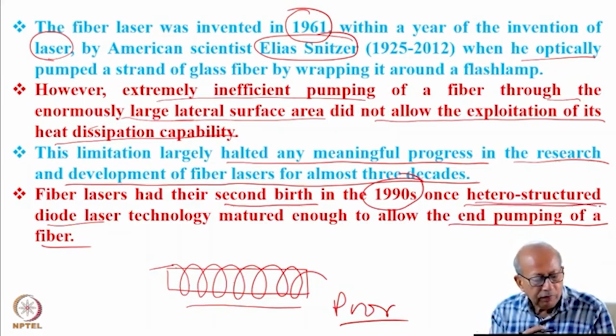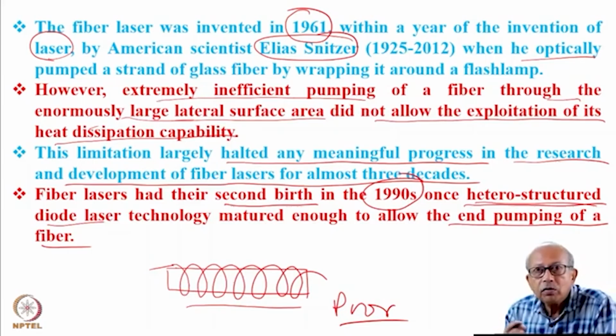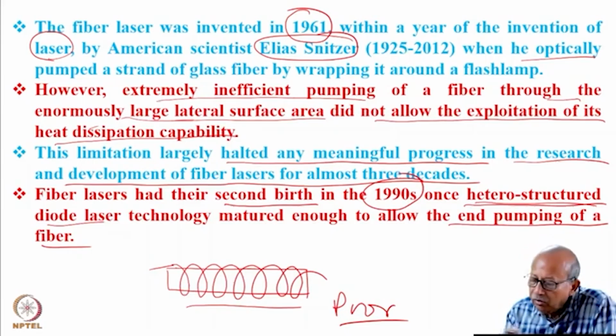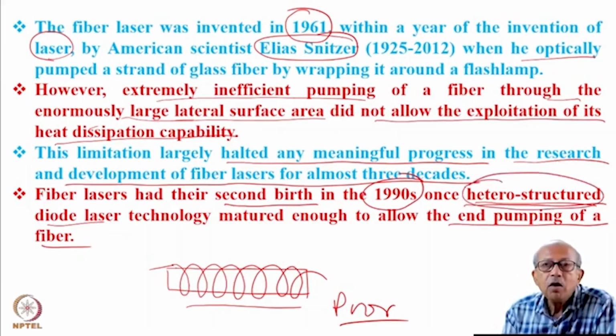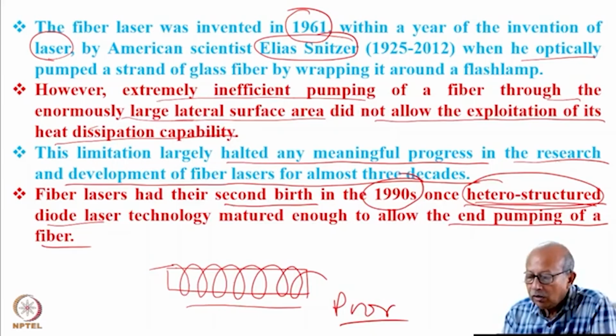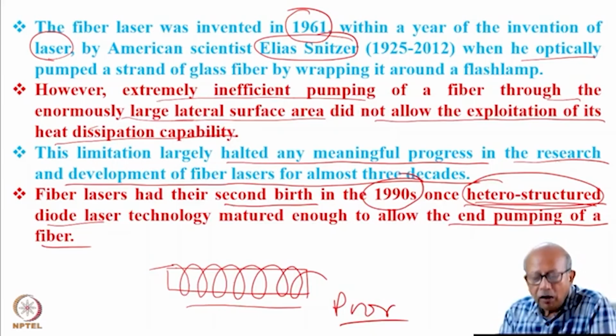Heterostructured diode laser allowed operation of a diode laser for the first time in a continuous mode. We will of course understand more about this heterostructured laser when we take up the working of the semiconductor laser, just following our study of fiber laser.